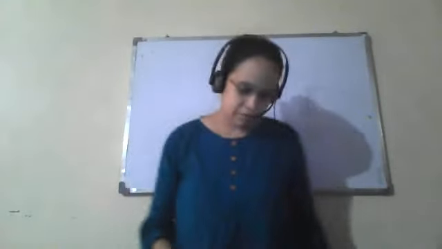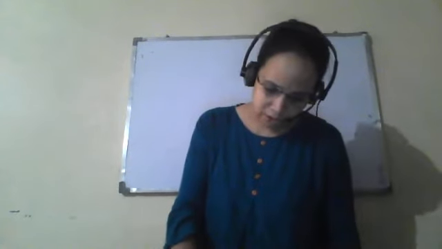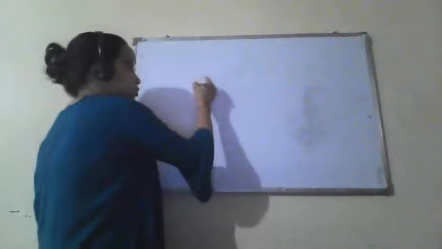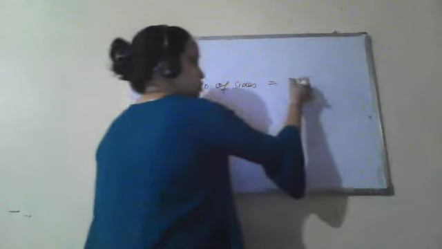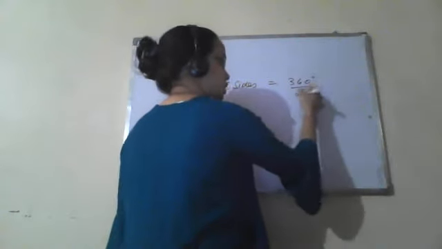Question number 5 says, is it possible to have a regular polygon with measure of each exterior angle as 20 degrees? If we calculate, it is given that each exterior angle is 20 degrees. For a regular polygon, we have to calculate the number of sides. It will be 360 upon each exterior angle.